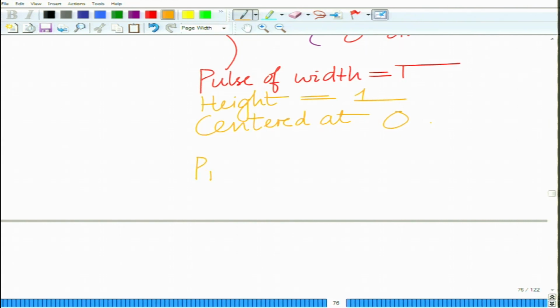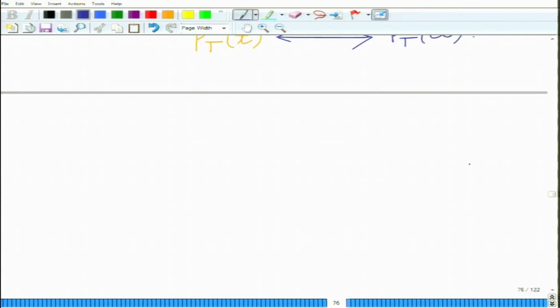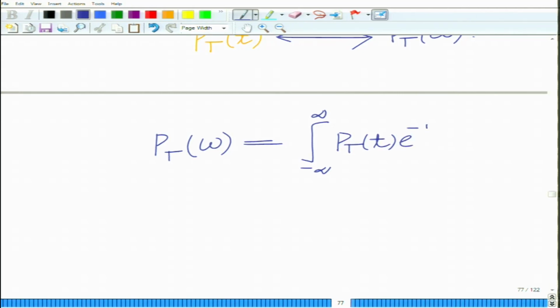Now, we want to find the Fourier transform of this. Let us denote the Fourier transform of this pulse by capital P T of omega. Remember the expression for the continuous time Fourier transform, that is the integral from minus infinity to infinity of p T of t e raised to minus j omega t dt, which is non-zero only from minus T by 2 to T by 2.